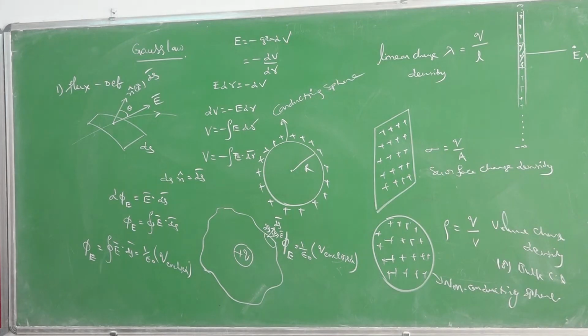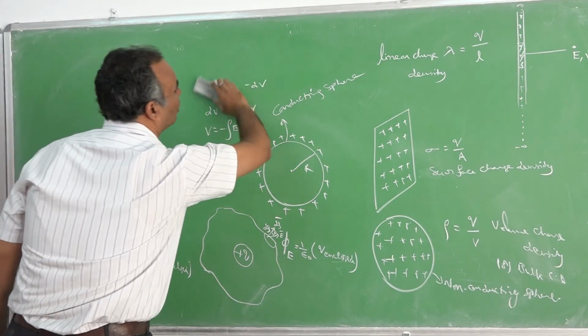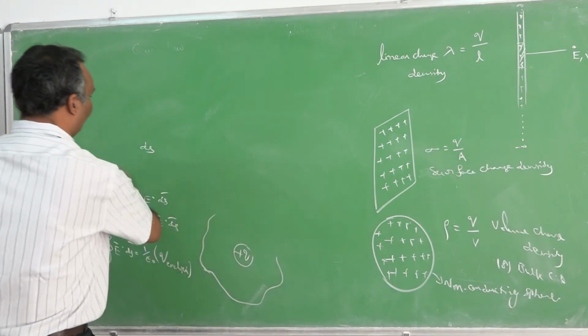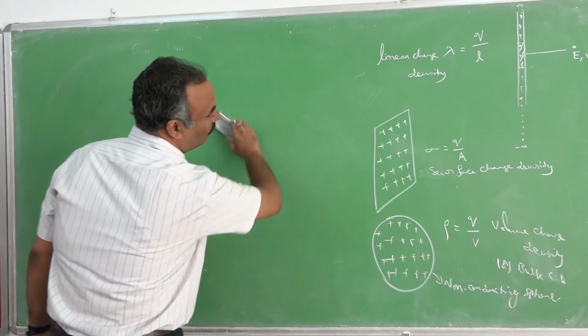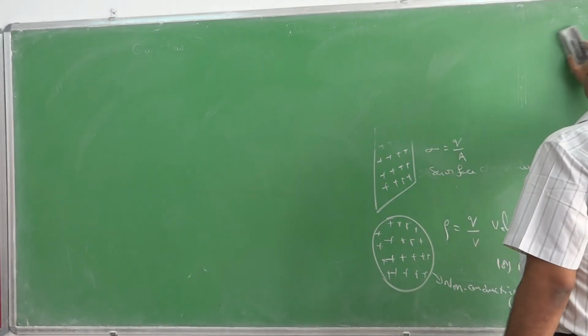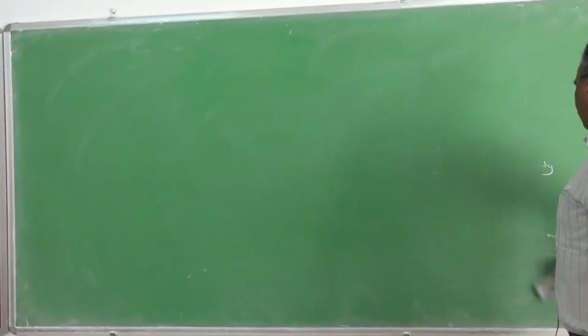Let us understand them in a clear way. For example, first let me take the linear charge distribution. I would like to find the electric field at a point due to the linear charge distribution with the help of Gauss law. Without Gauss law also, by the method of integration we can do it, but the calculation becomes tedious.